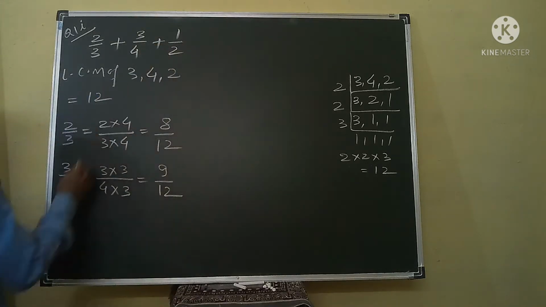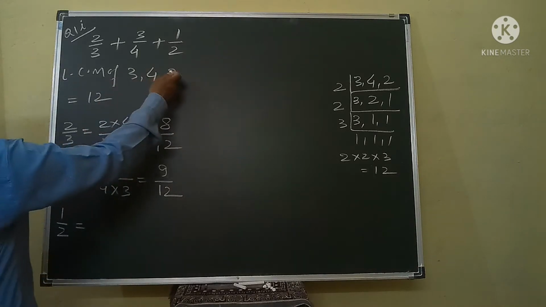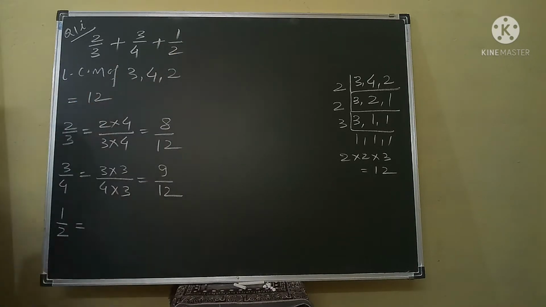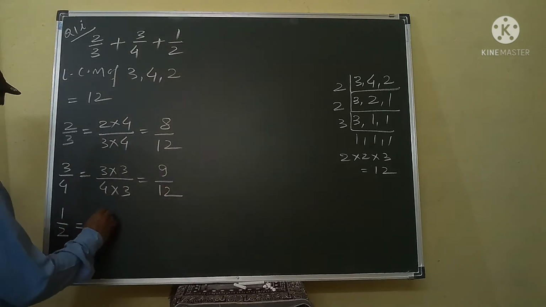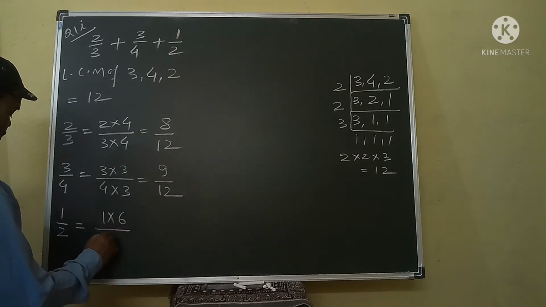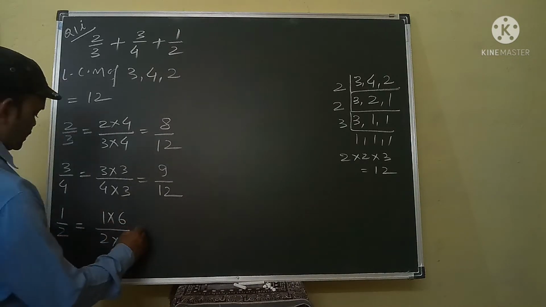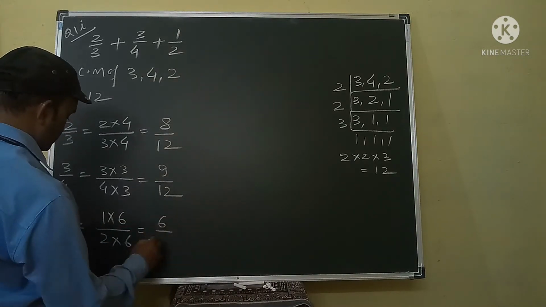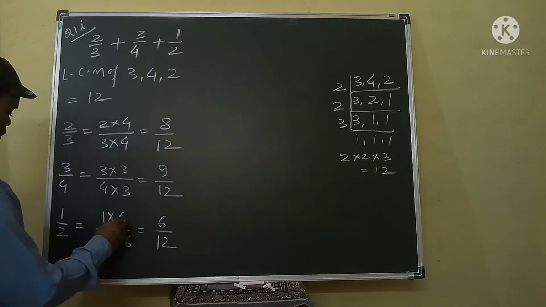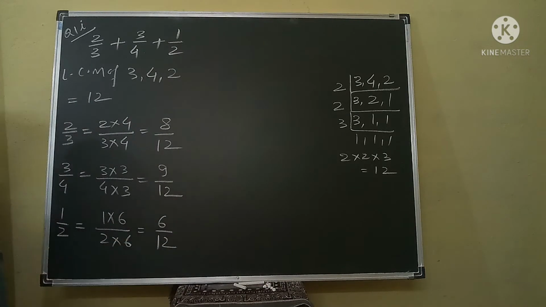Then after, this is 1 upon 2, and you know very well this is 2 and LCM is 12. That means 2 we will convert to 12. What will you do? 2 6s are 12. That means in numerator and denominator multiplied by 6. 6 1s are 6, 2 6s are 12.